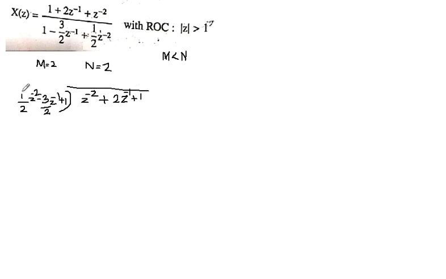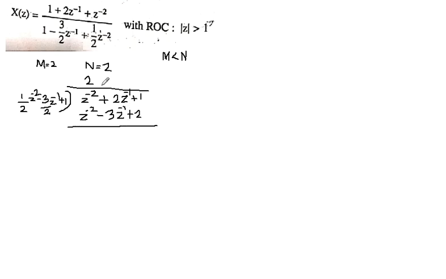For that, let's multiply this equation with 2 and apply over here. So 1 by 2 into 2 is nothing but z raised to minus 2 we get. It is minus 3 z raised to minus 1, and this becomes simply plus 2.